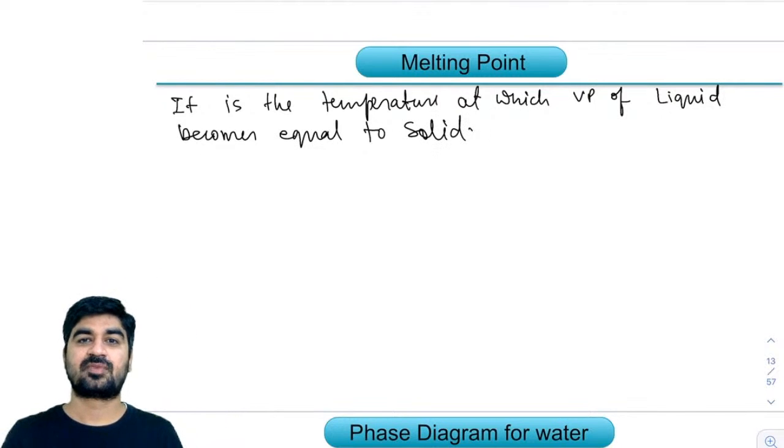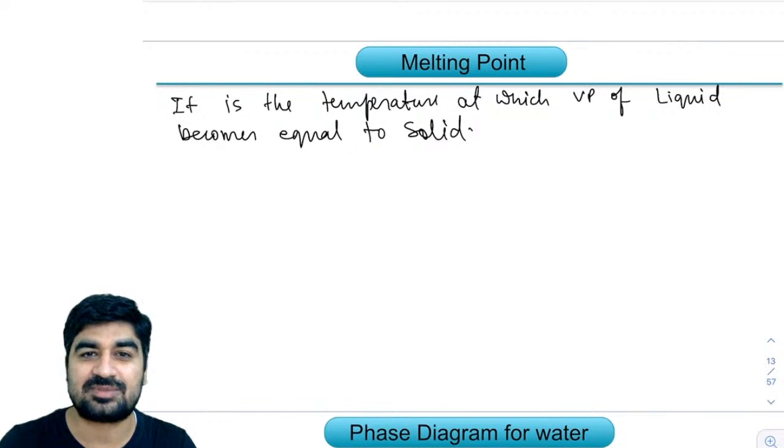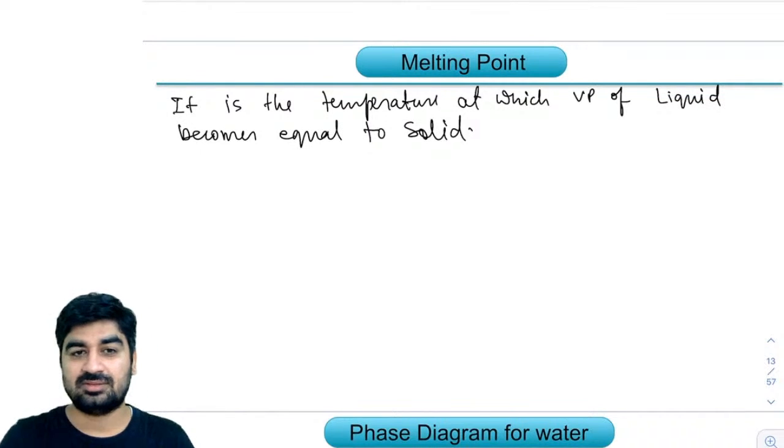Got it, guys? So it is the temperature at which vapor pressure of liquid becomes equal to solid. Any doubt, guys? Please ask. Any doubt?